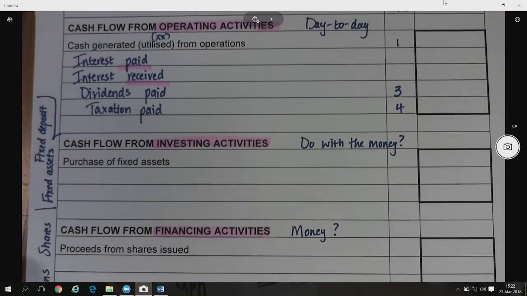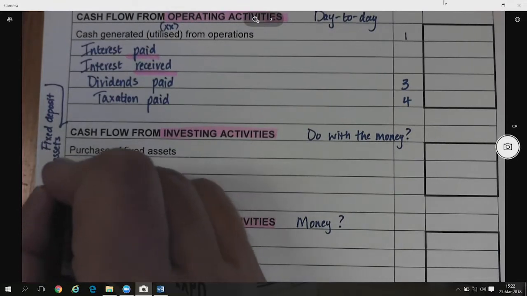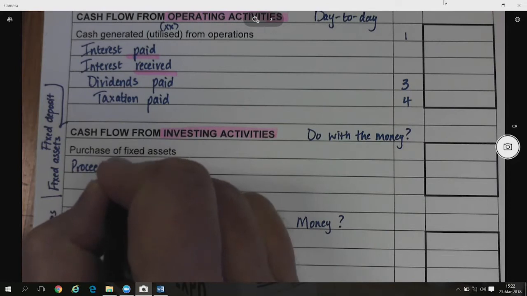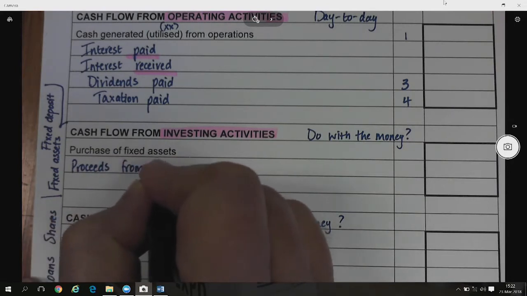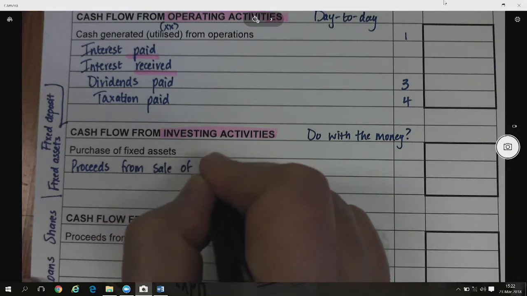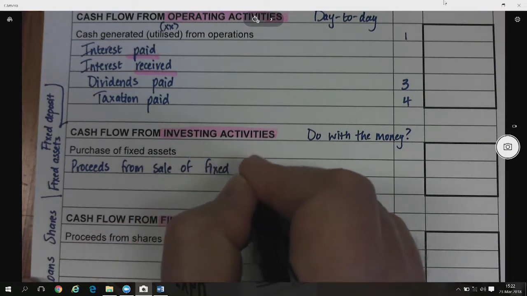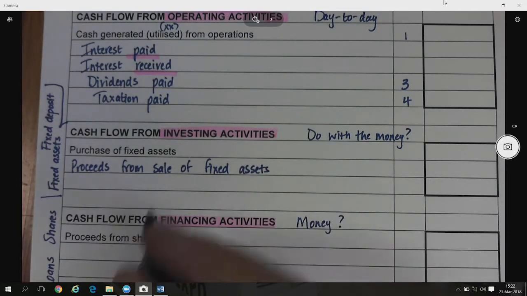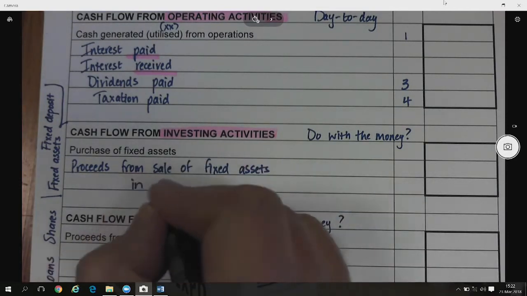Then purchase of fixed assets and also proceeds. Proceeds is when you receive money from sale of fixed assets. And then we've got the fixed deposit, increase or decrease in your fixed deposit.